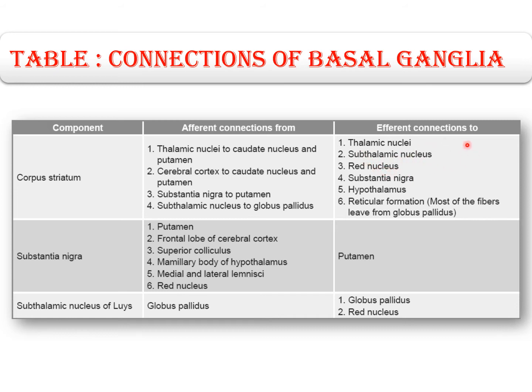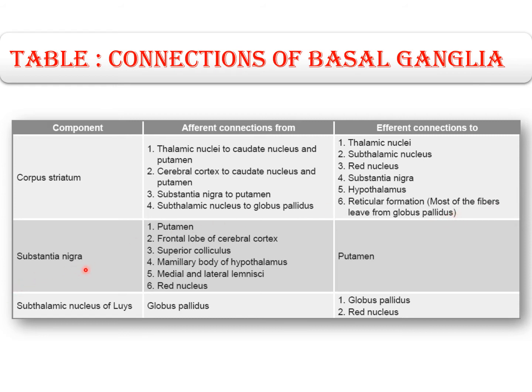And the efferent connections of the corpus striatum go to the thalamic nuclei, subthalamic nucleus, red nucleus, substantia nigra, hypothalamus and reticular formation. Most of the fibers leave from the globus pallidus.